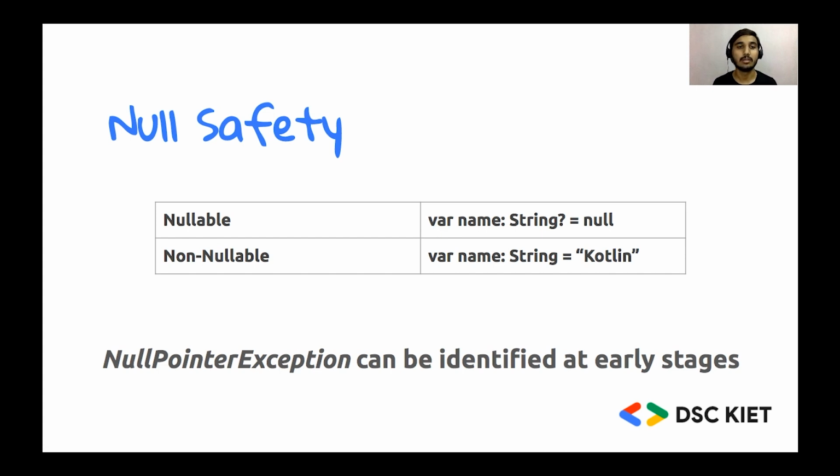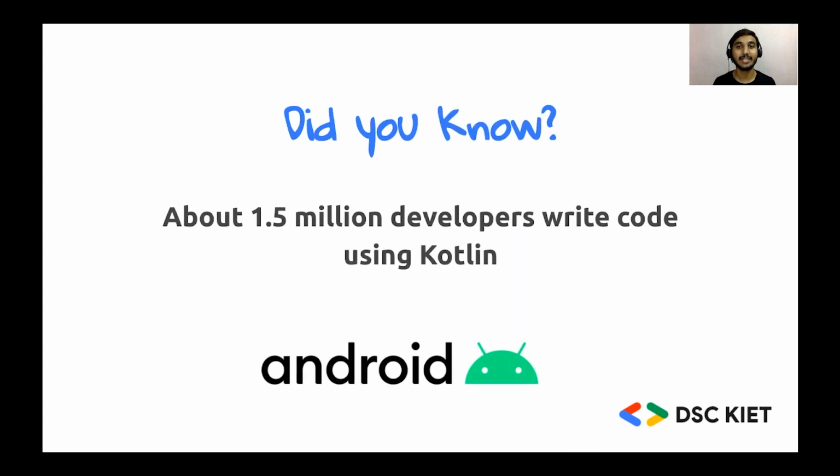What a non-nullable type looks like: here you can see var name of type String in Kotlin. If I try to assign it null, it is not allowed and would throw an error. So with this we can identify null pointer exceptions, the $1 billion mistake, in the early stages.